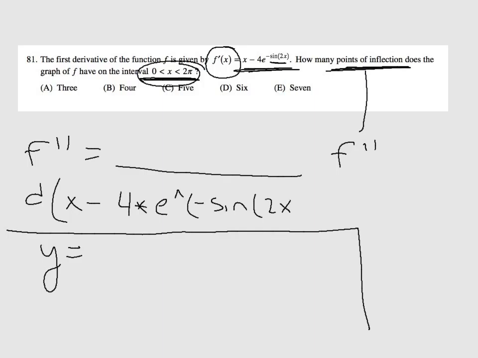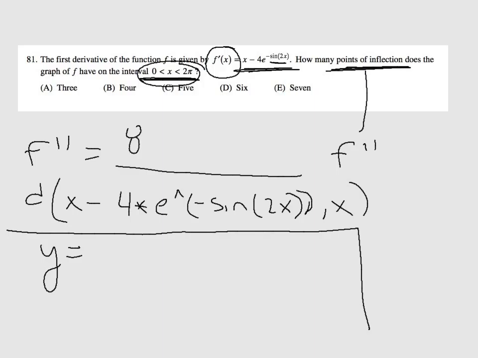Now again, we're going to have to close that one and also close the exponent there. And comma x. And when we hit enter, we're going to get the following derivative.